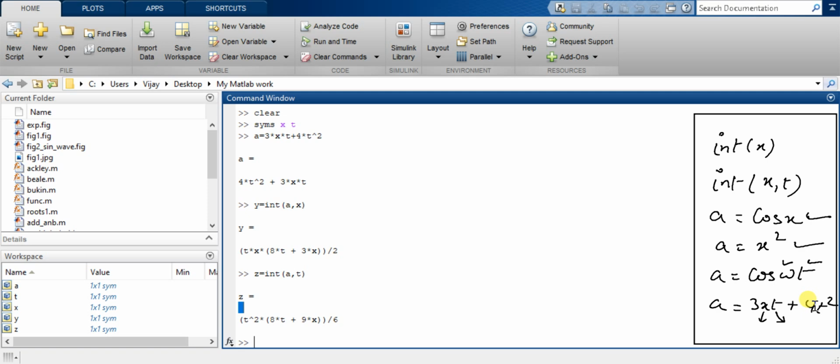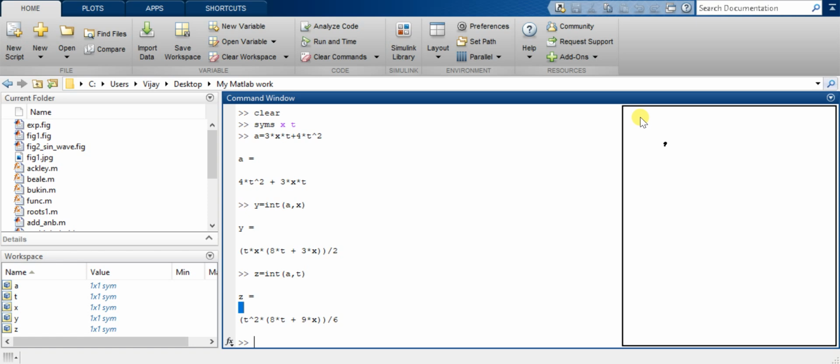Now we can also perform definite integral in this symbolic mathematics. Let's try to check what is the command and what are the things required in symbolic definite integral.